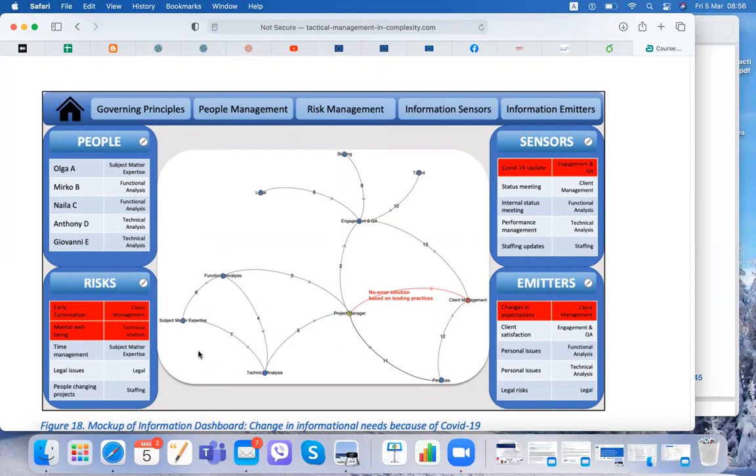When you see dynamic changes, something is happening from outside, and we need to either add a role or add accountability, or repopulate roles with people or with others, subsystems, or change the sensors, or change the emitters, or change the risks, or everything.